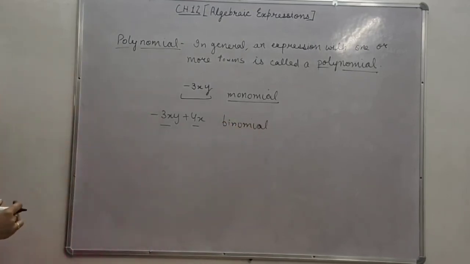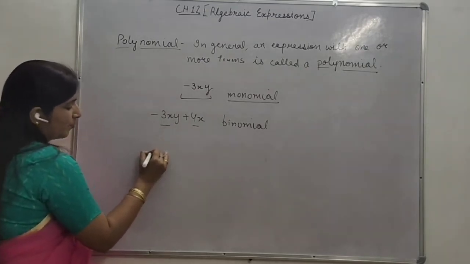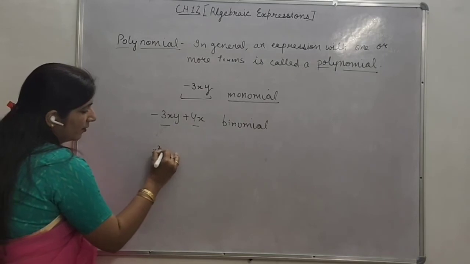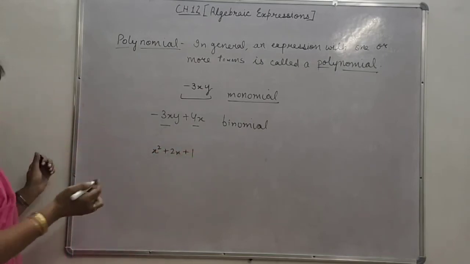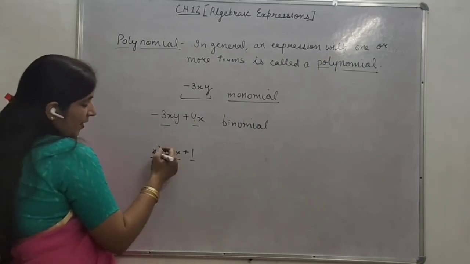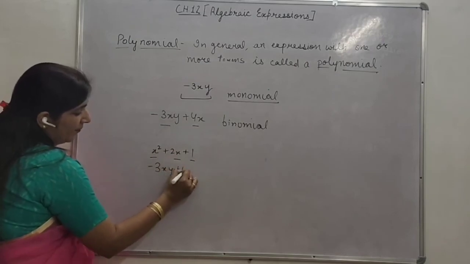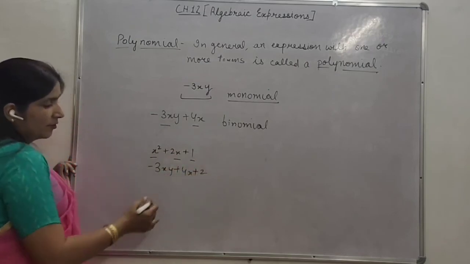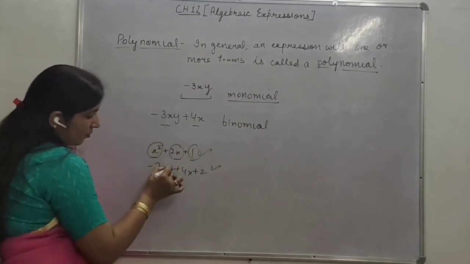Now, the third thing is if we have an expression with three terms, you can see there are three terms in any manner. Even we can produce the above one like this. So these both have three terms, 1, 2, 3. This is also having 1, 2, 3.